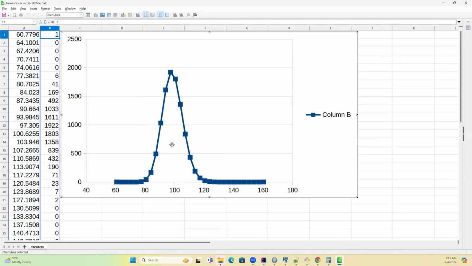So the forwards at 1 month are relatively normally distributed. Actually, they are log normal. So there are more of them around 100, a few less than 100, a few higher than 100.